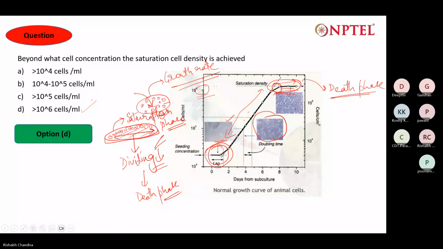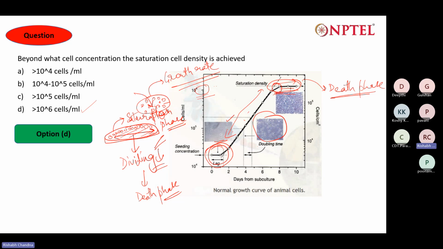Fine. So if anybody has any doubt in this question, can ask. So the confluency has reached 10 to the power of 5 cells.